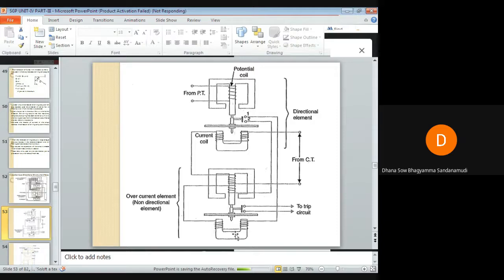If the secondary will not close, then the flux will not be induced in the lower electromagnet of your overcurrent relay. Then there will not be any time and space displacement between the fluxes of upper electromagnet and lower electromagnet, hence torque is not induced in the overcurrent element disk, because the secondary is open.